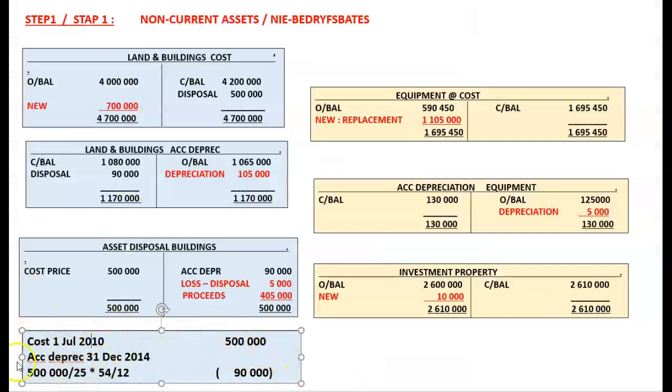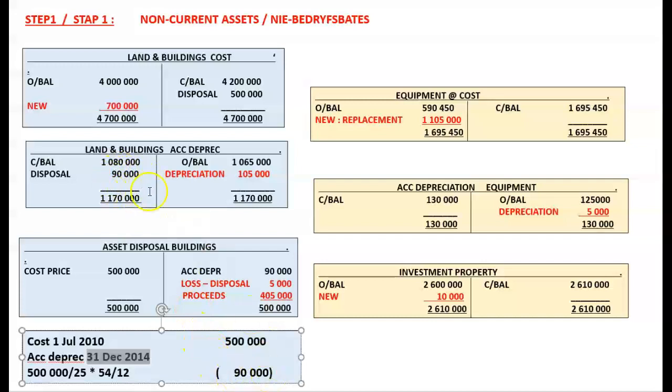We depreciate the full 500,000, no residual value, over 25 years, and from 1 July 2010 to 31 December 2014, that is exactly 54 months. 6 months in 2010, 12 months in 2011, 12 months in 2012, 12 months in 2013, and 12 months in 2014. If I add it all up, it gives me a total of 54 months. And that means that the accumulated depreciation attached to that building which was sold was 90,000 Rand.